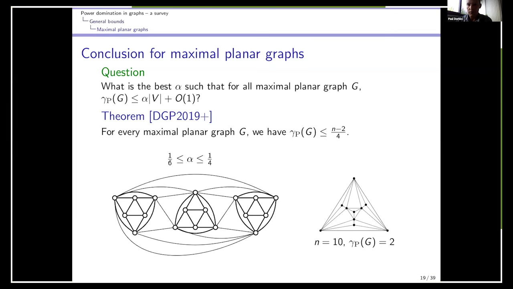So we know it's between 1/6 from this graph and 1/4 from the proof we just made. We have only one case where this bound is tight, which is drawn here. It's got a hard name, a triakis tetrahedron, I think. But it is the only case where this bound is tight to our knowledge, on more than 6 vertices. So if you are good with planar graphs, you can try this question.